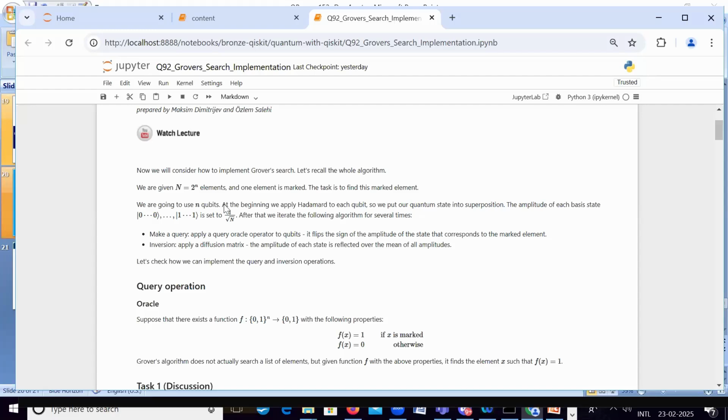Only one element is marked here. So we apply the query, which we already did earlier in a different function, then apply the inversion about the mean, to get the amplitude of each state relative to the mean of all amplitudes. That has been calculated by taking the sum.